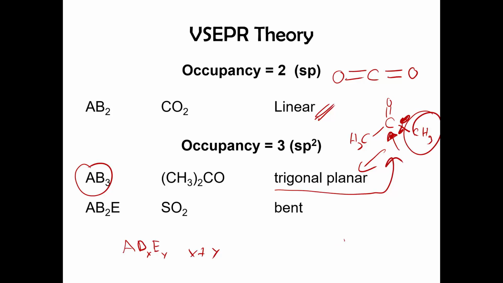Example, SO2. Remember, SO2 has 2 double bonds because it can have an expanded octet, but also a lone pair on sulfur, which pushes that down and it falls under the category AB2E, right? 2 bonded atoms and 1 lone pair.